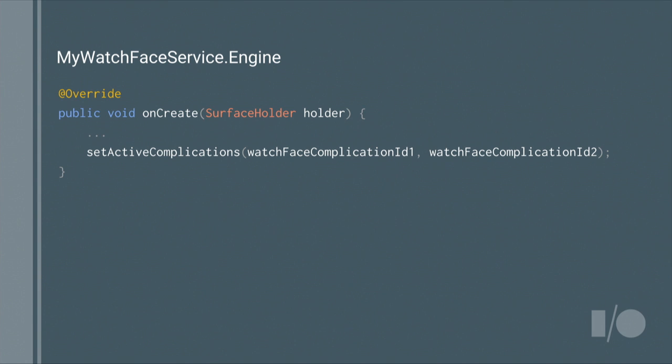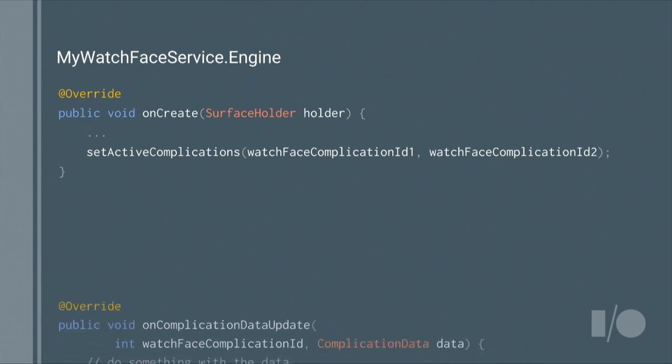To show the data, what you need to do is tell the system that your watch face is ready to receive it. So let's move into the watch face service itself, specifically the engine. What you need to do is call set active complications and pass in the watch face complication IDs for the complications that are ready. Here we're showing it done in onCreate of the engine. That's usually a good place to do it, but you can call this method from elsewhere, for example, if the active complications change.